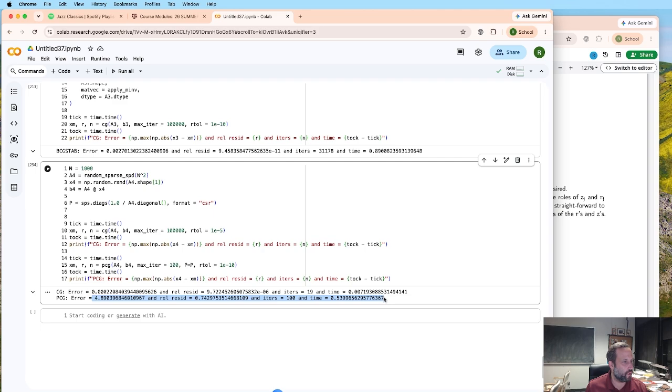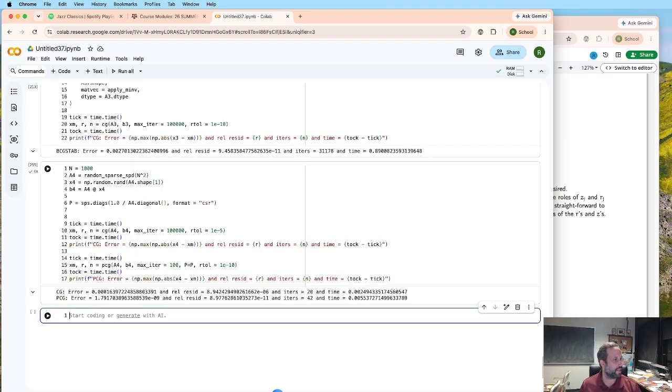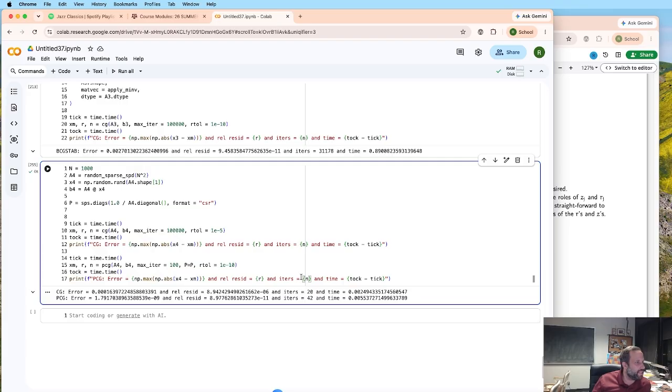I ran it before. The reason it has those bad numbers there is because I had P still with the lower triangular matrix. Now, when we run this, we should get something better. I find it a little disappointing that the preconditioned matrix took longer to run here.